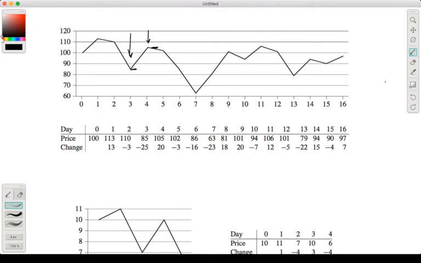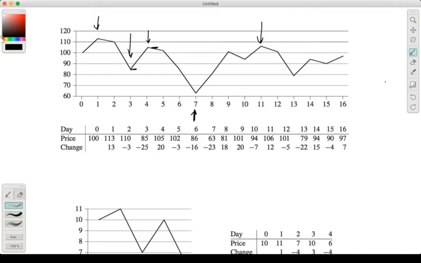Now, a logical way of thinking about it is, let's look at the lowest share price and the highest share price. Buy at the lowest, sell at the highest. Well, we can't really do that in this graph because the highest share price is before the lowest share price. But what we can do is buy at the lowest and then sell at the highest that comes after the lowest.